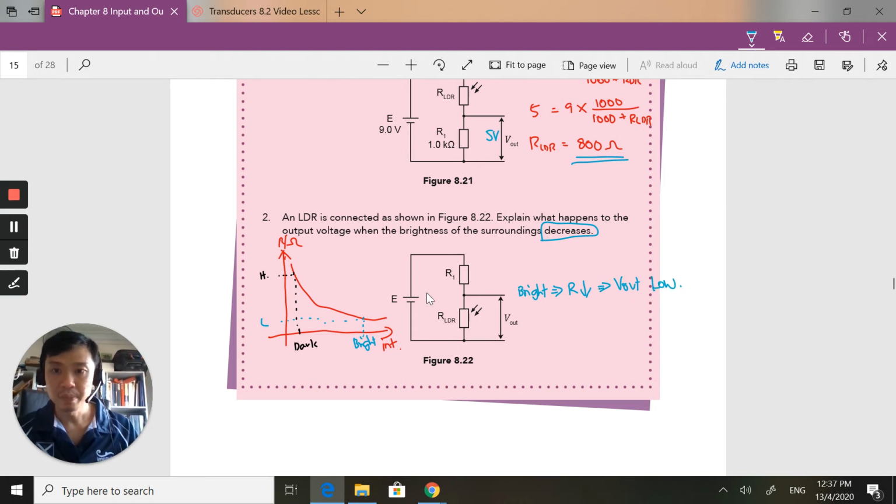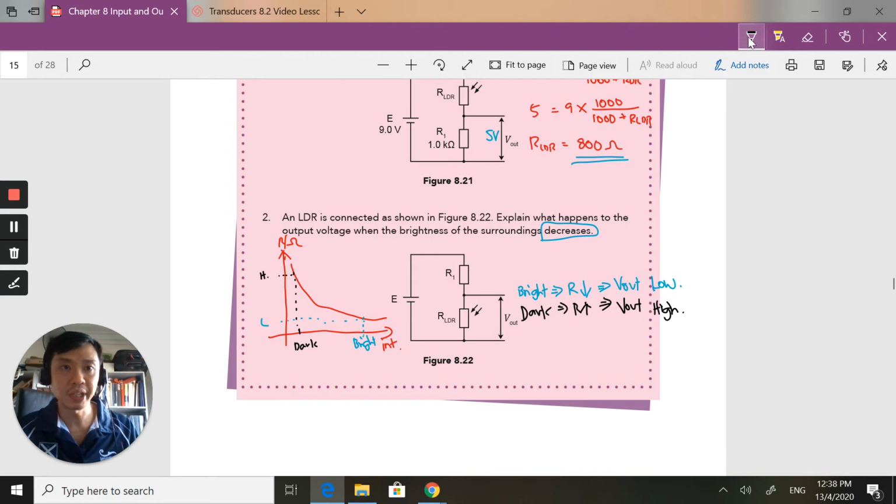But when it becomes dark, because the brightness decreases, it's becoming darker and darker. When it is dark, the resistance is very high. So I've got high resistance. And therefore, my V out here, if I have very high resistance, the energy needed for high resistance is very high as well.